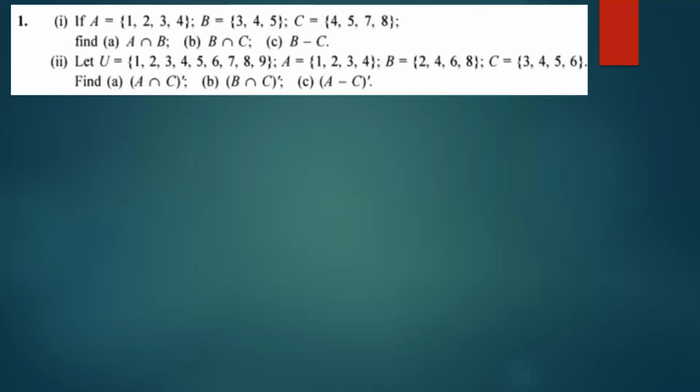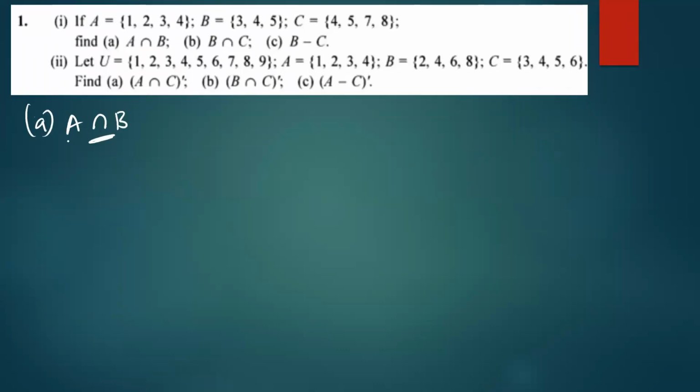Okay, so the first question is, we've been asked to find A intersection B. How do we find this? The first thing you need to look at are the sets you've been given, and you also have to understand the intersection symbol. Whenever you see this symbol, it means you have to look for common elements in the sets mentioned in the question.